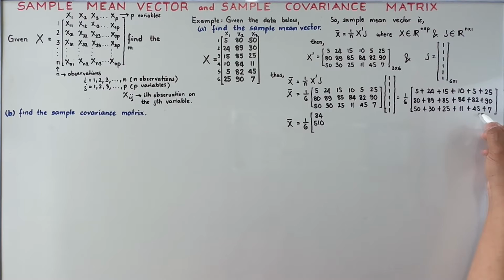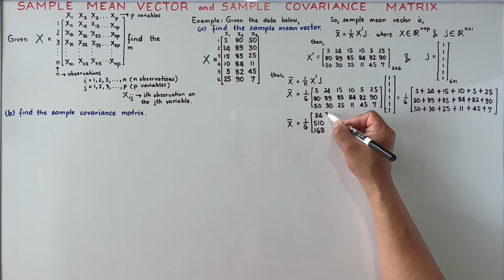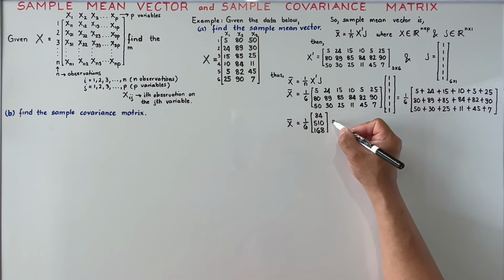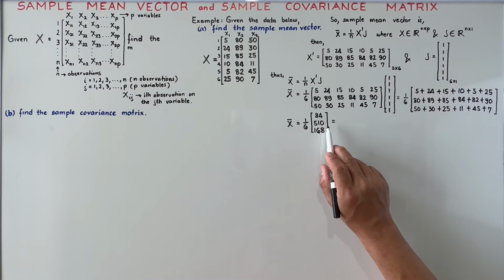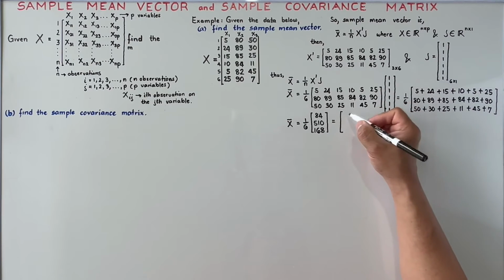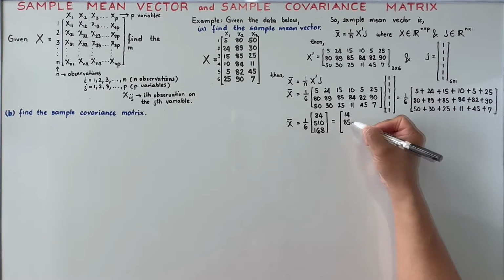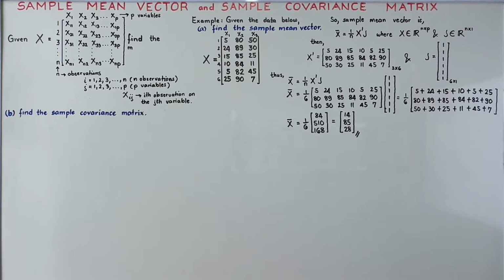And then the sum of the third row is equal to 168 here. And if we multiply that by 1/6, because this is a scalar multiple of this matrix, we have a vector with elements 14, 85, and 28. So this is now our sample mean vector.